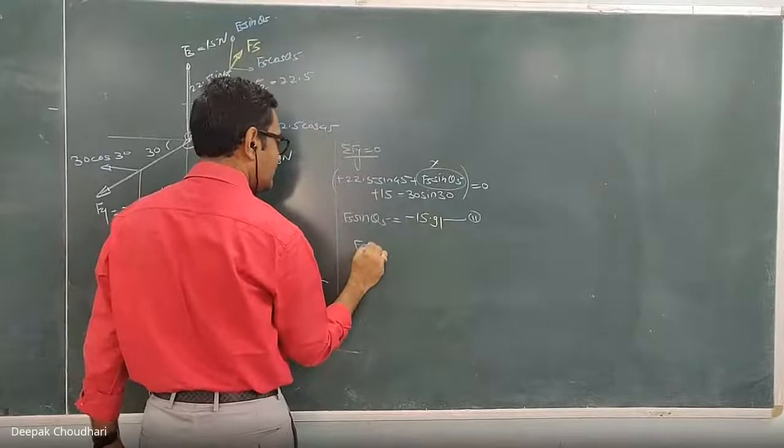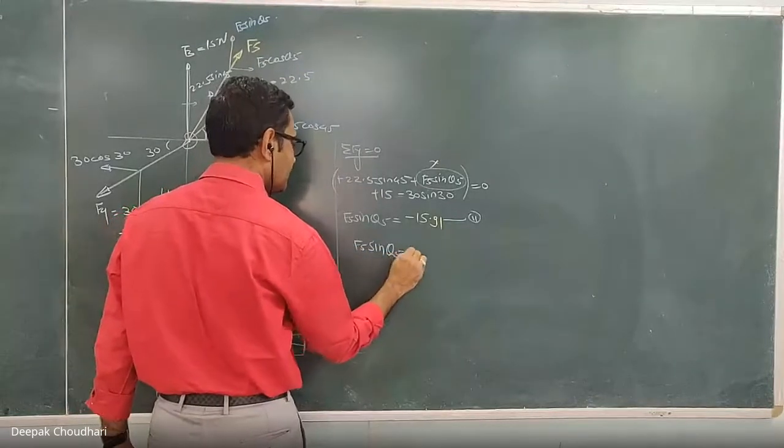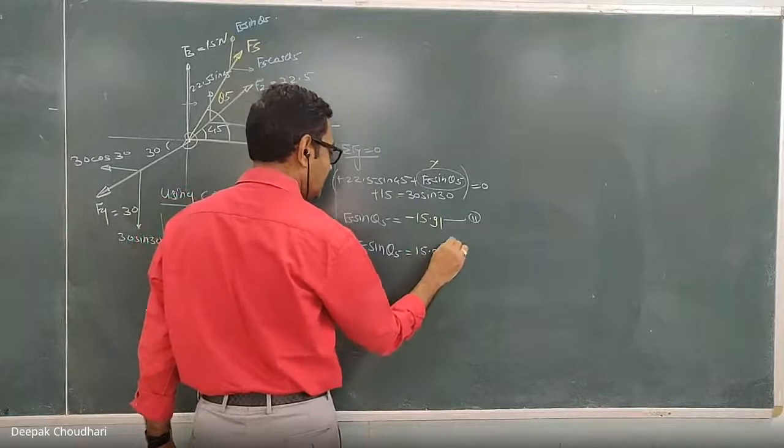So F5 sin theta 5 is equal to 15.91 downward.